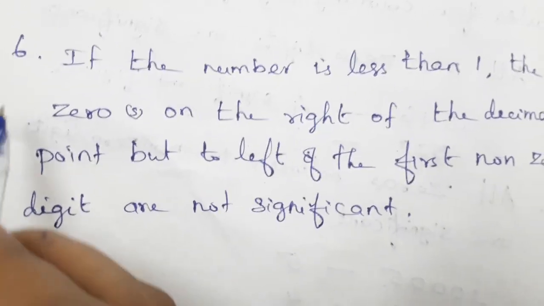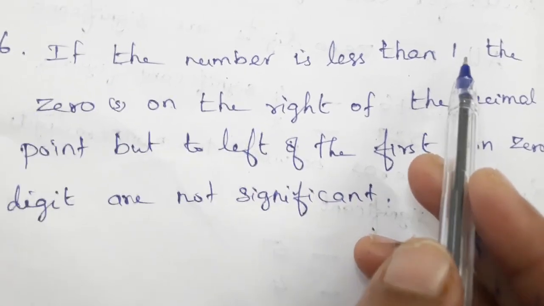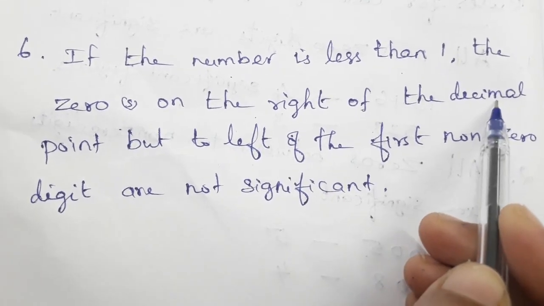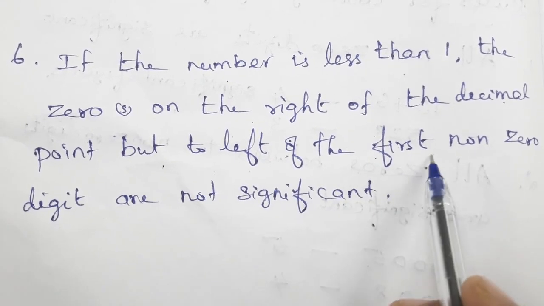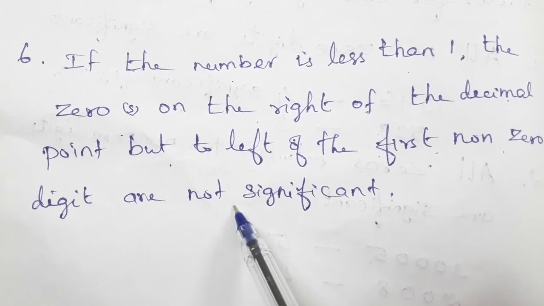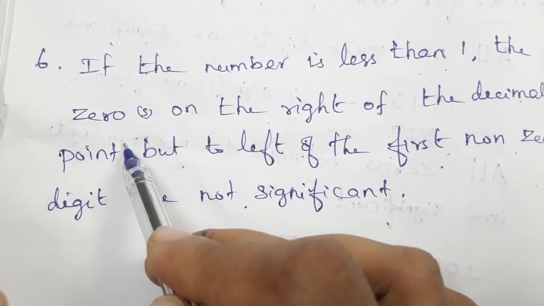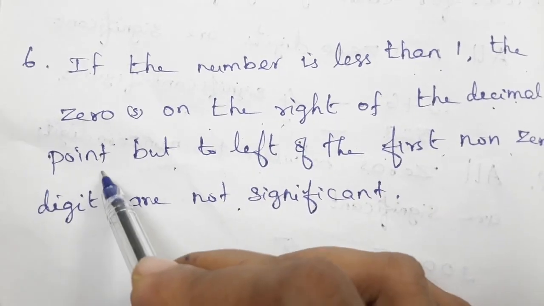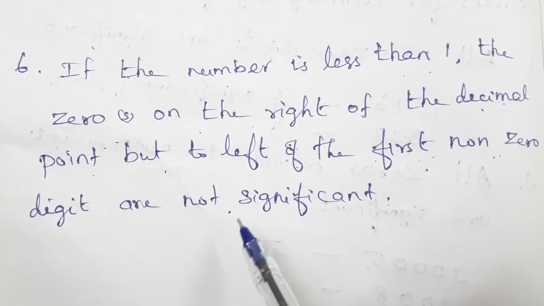The next rule: if the number is less than 1, the zeros on the right of the decimal point but to the left of the first non-zero digit are not significant.